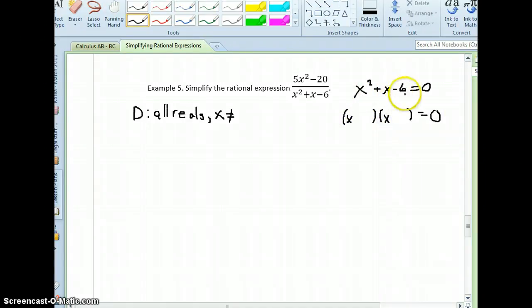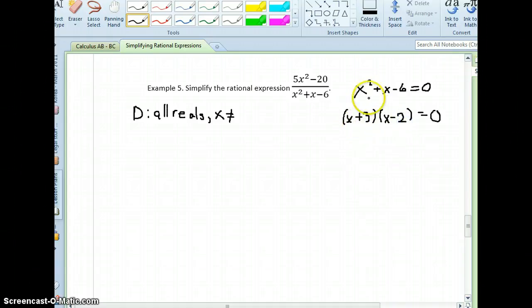To get the negative 6, I need two factors that would multiply to give me that negative 6, but then when I add them up, I get a positive 1x. So those factors, we could use either negative 3 and positive 2, or positive 3 and negative 2. I think those would work a little better, so let's use positive 3 and negative 2.